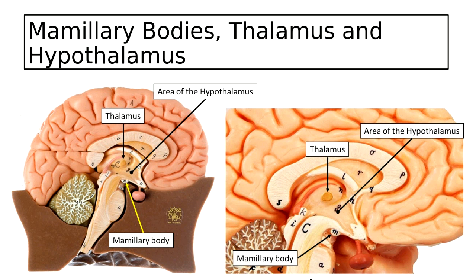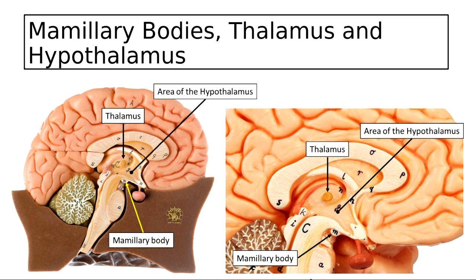This is an area that interprets strong emotions, and is associated with strong emotions like rage and aggression. Controls the body temperature. This is where your thermostat is for keeping your body temperature around 98.6. Regulates food intake. It has receptors in there that monitor glucose levels in the blood.